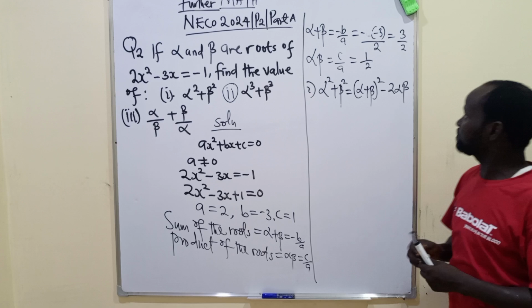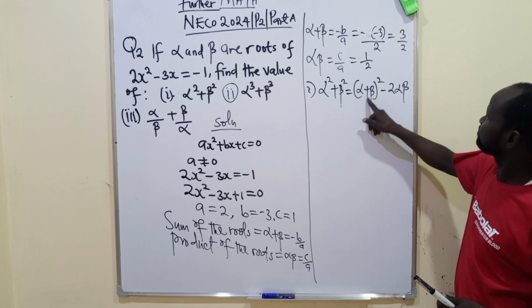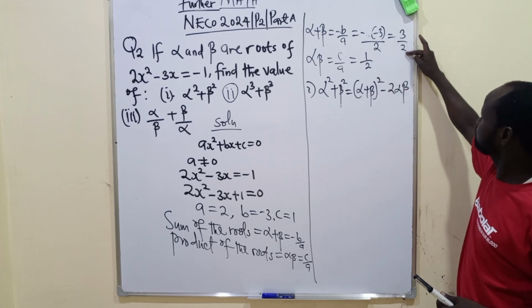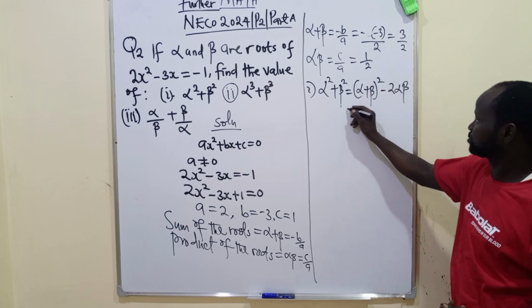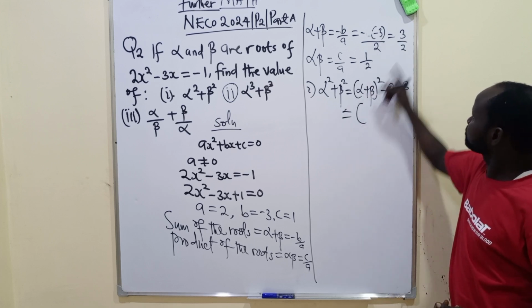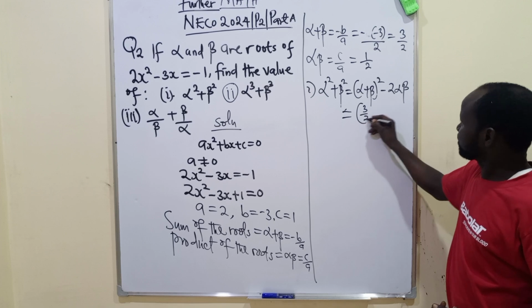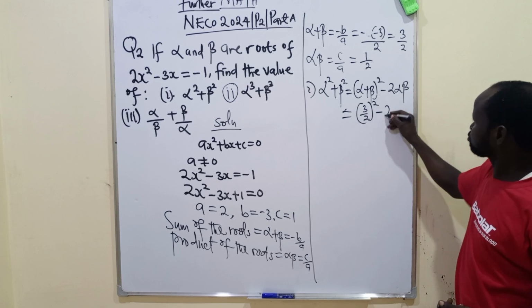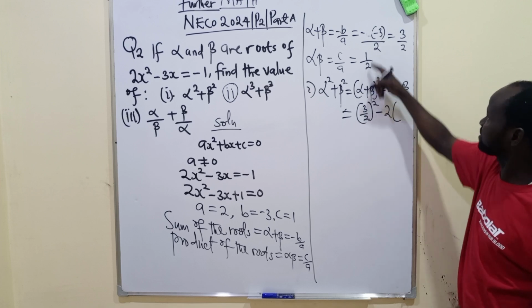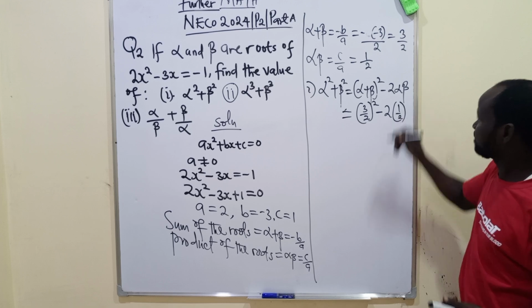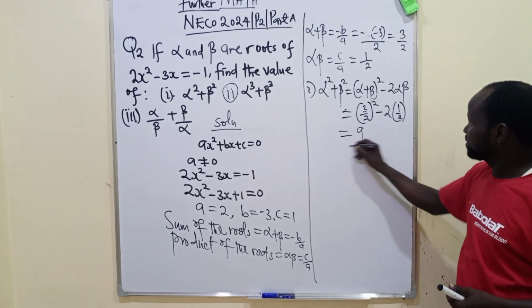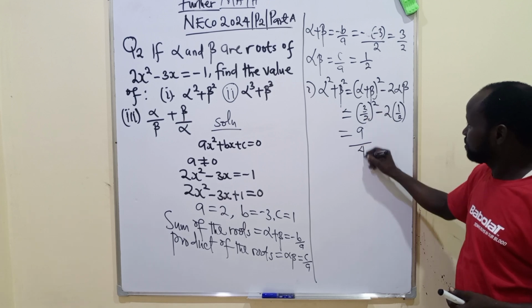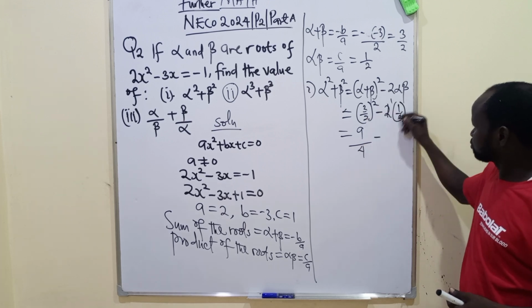We can substitute because we know alpha plus beta is 3 divided by 2, and alpha times beta is half. So this will be 3 divided by 2 all squared minus 2 times half. So this equals 3 squared is 9, of course 2 squared is 4, minus 2 times half, which is 1.